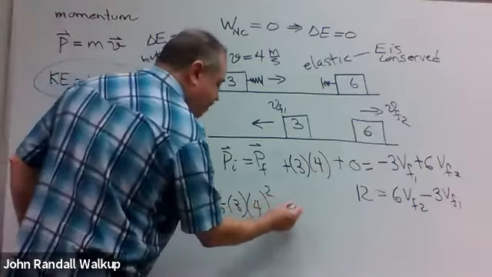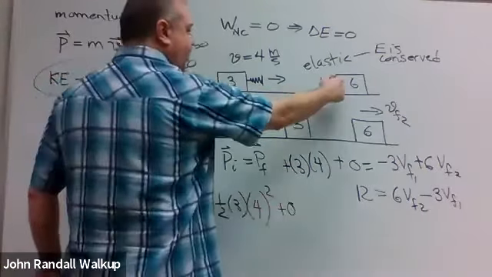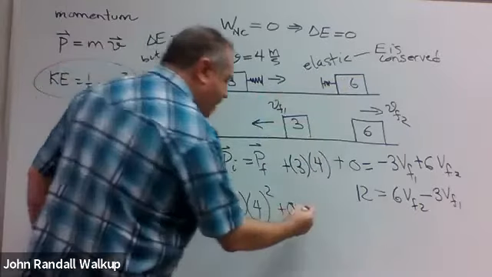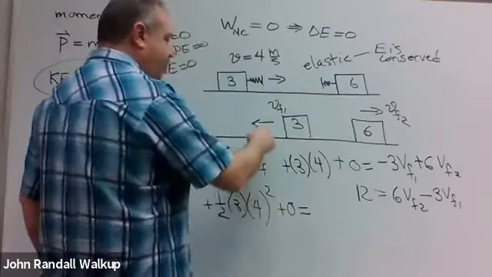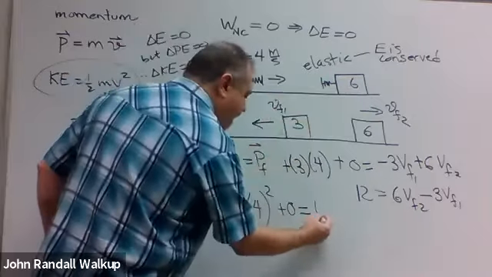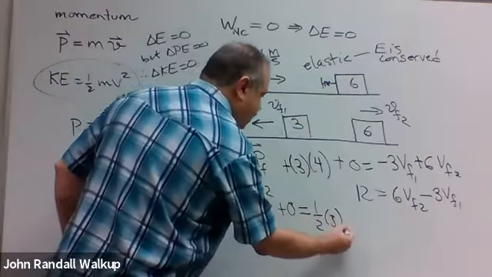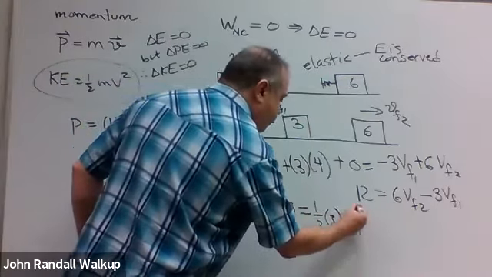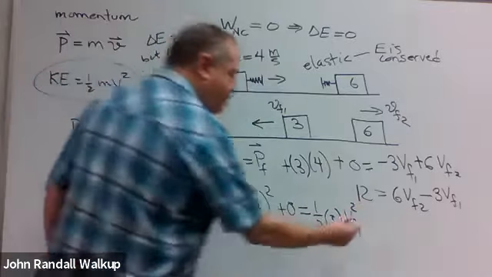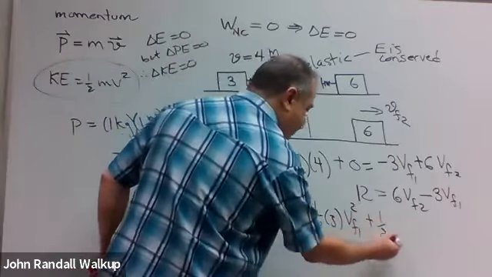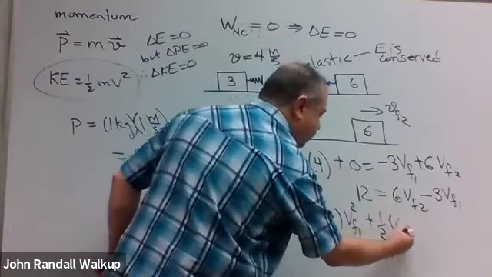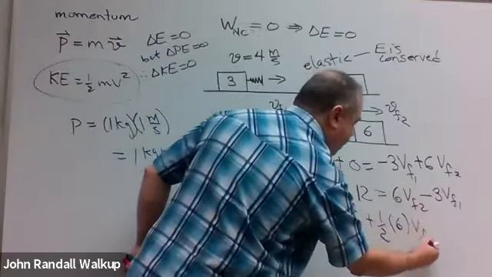Plus 0, this one doesn't have any kinetic energy. This must be equal to the kinetic energy after, which is going to be 1/2 times 3 times v final 1 squared plus 1/2 times 6 times v final 2 squared.